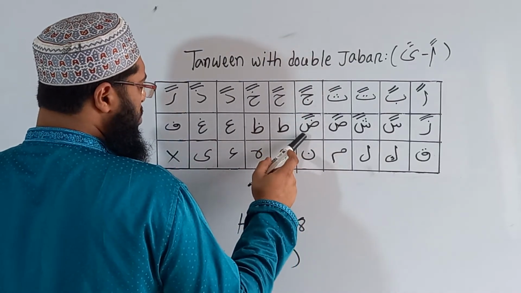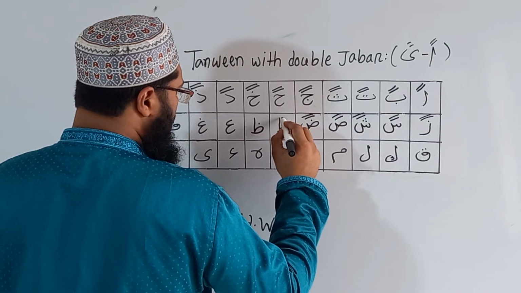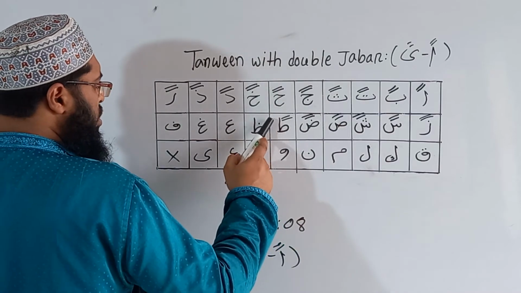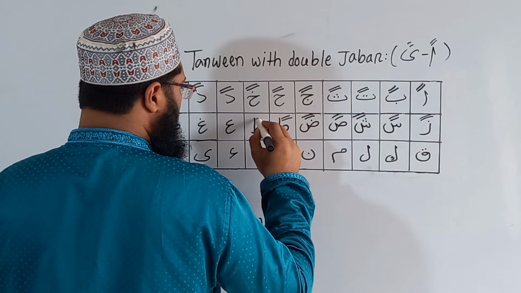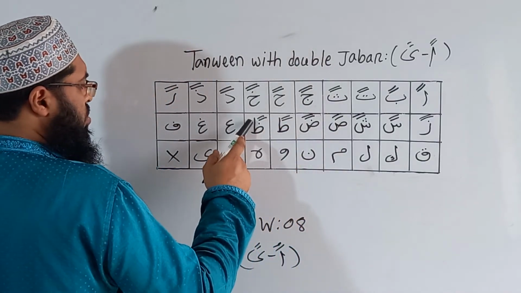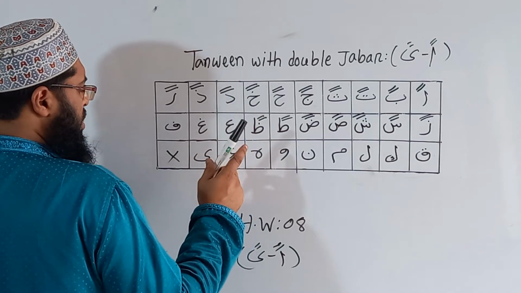And this one is To, not Twa. Now we have to pronounce this one To dui Jabar ton. And this one is Lo, not Zwa. Now we have to pronounce Lo dui Jabar zon. Dha dui Jabar dhan, very softly.